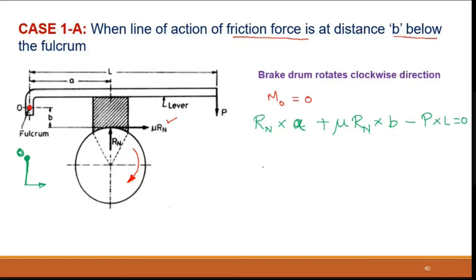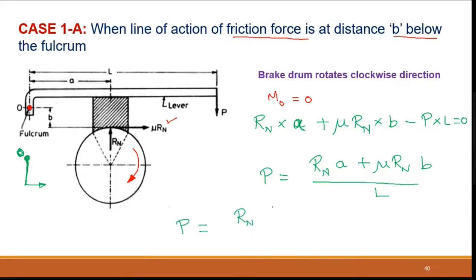Now in this, I can get my P. P is the amount of force applied to make the brake stop. So P will be equal to Rn into A plus mu into Rn into B, divided by L. Or I can write P is equal to Rn, which is a common term, into A plus mu B, divided by L. Any doubt in this?